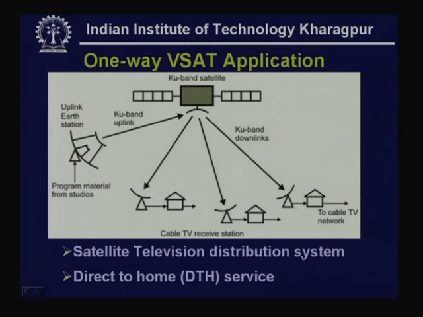Nowadays, another important service is becoming popular, that is the direct to home, DTH, service, which is being publicized by our Doordarshan. In the direct to home service, in the household, one can put an antenna with a diameter of less than 1 meter, and then by using a set top box, the digitized television signals can be captured directly from the satellite, and then one can put it on the TV.